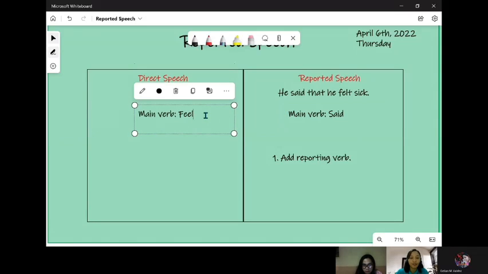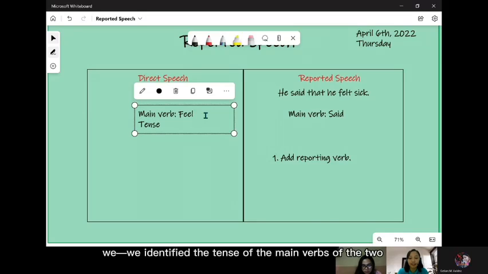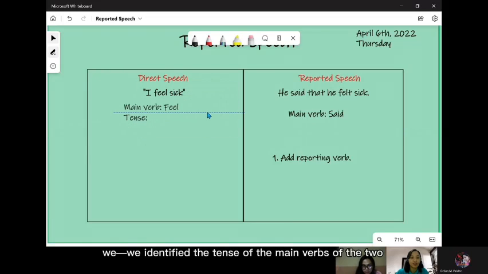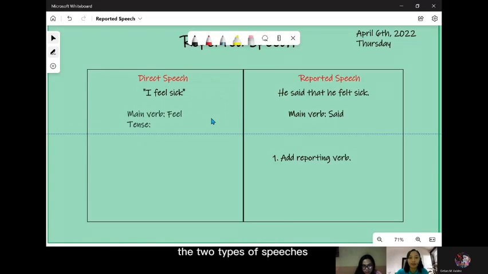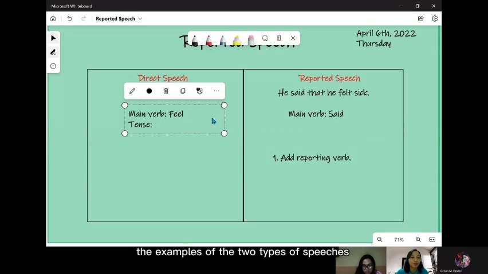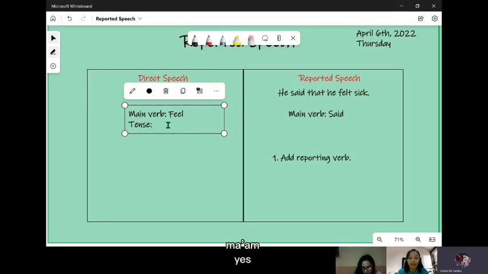Okay? Next. Now, earlier we identified the tense of the main verbs of the two types of speeches. So what is the tense of the main verb in the direct speech? Anyone? Present tense.